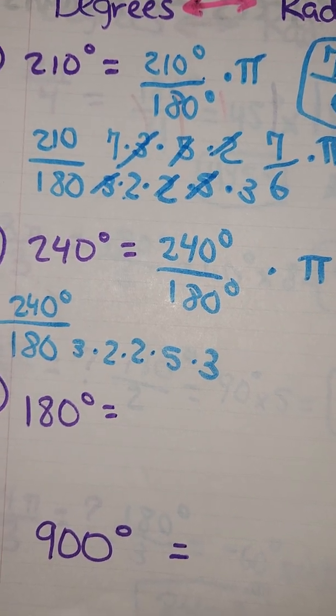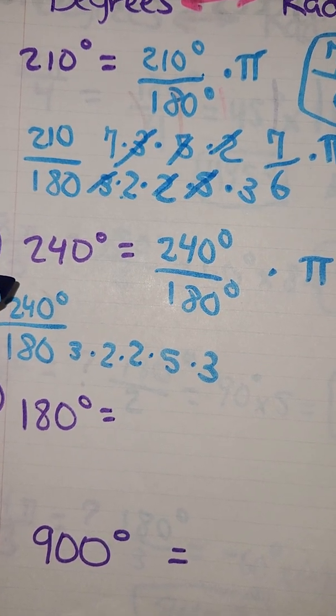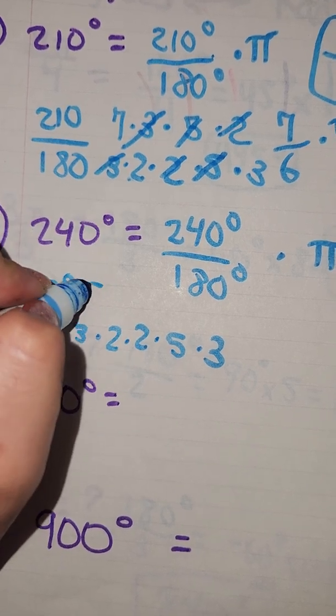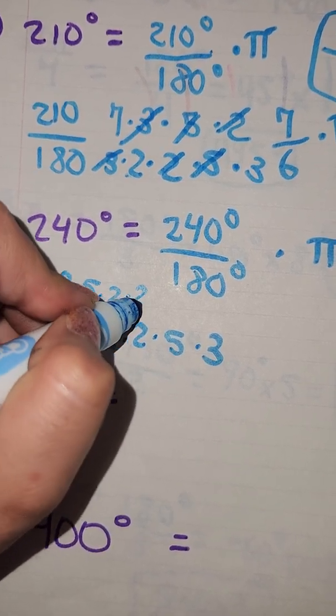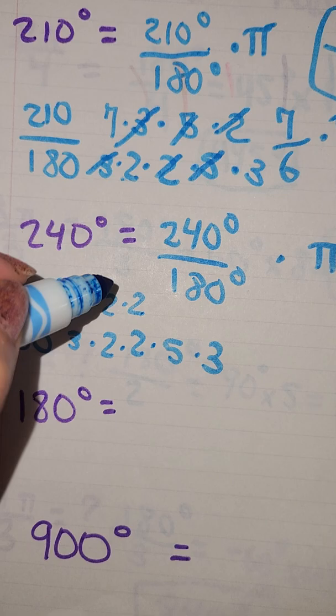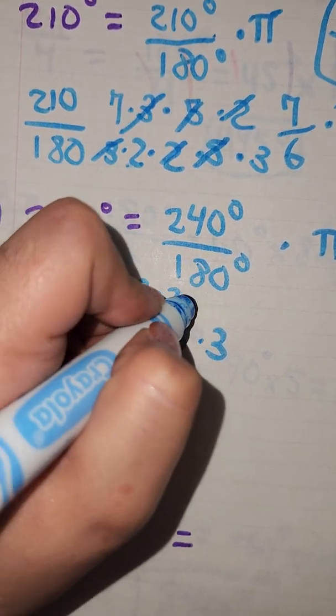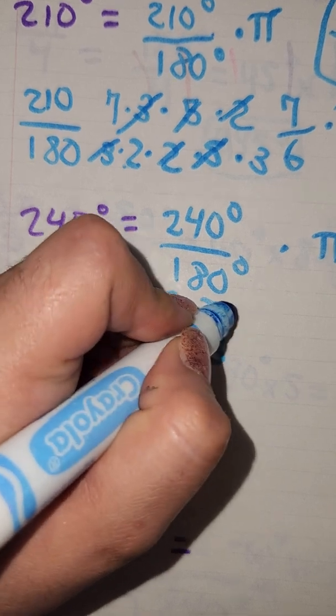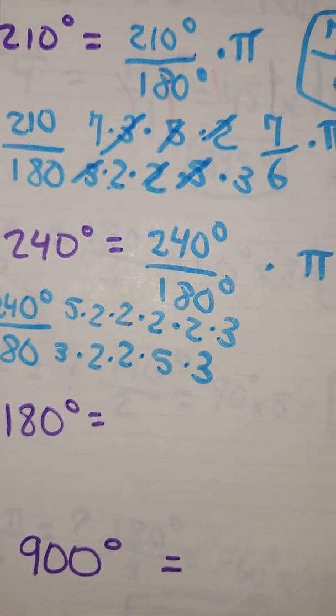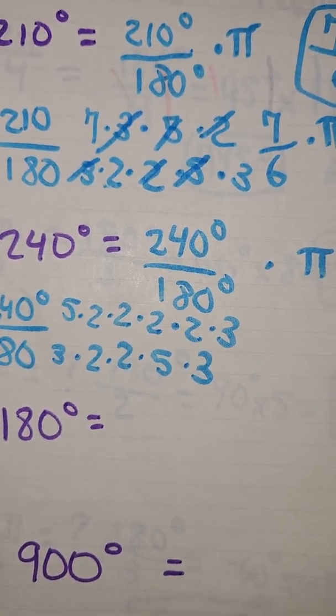Now we have to solve for 240, which is 5 times 2 is 10, times 2 is 20, times 2 is 40, times 2 is 80, times 3. 80 times 3 is 240.